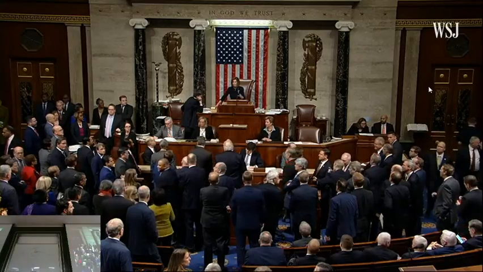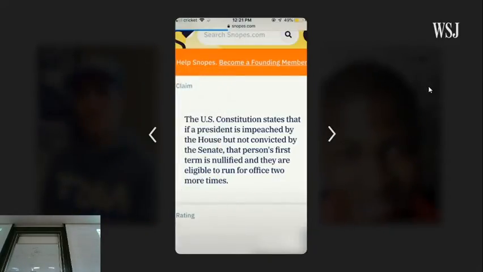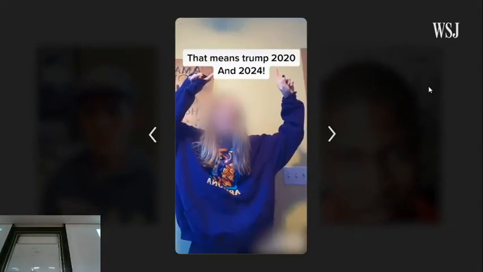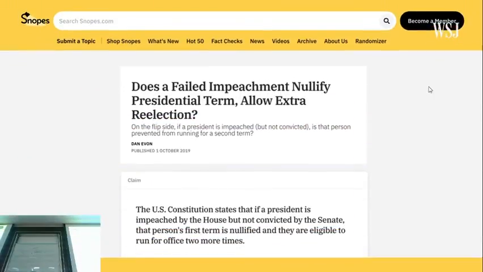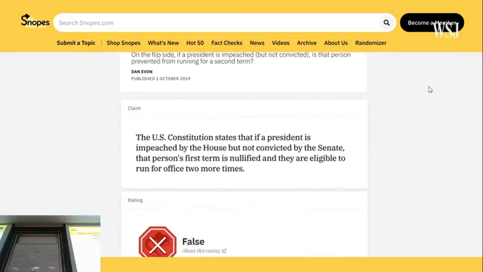For example, after President Trump was impeached by the House of Representatives, some users posted a false claim. They shared videos saying, the Constitution says a president impeached by the House but not convicted by the Senate is eligible to run for office 2 more times. But that paragraph in the video actually comes from the fact-checking website Snopes, which rates the claim as false.